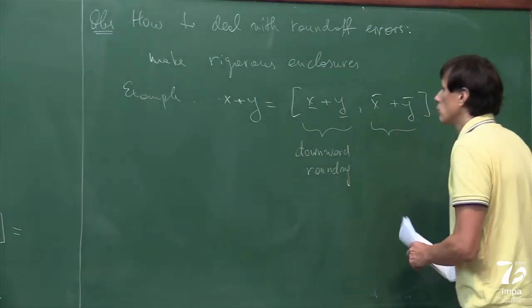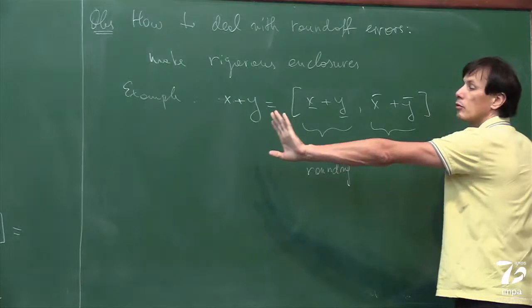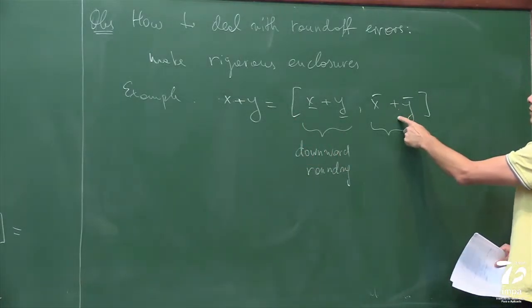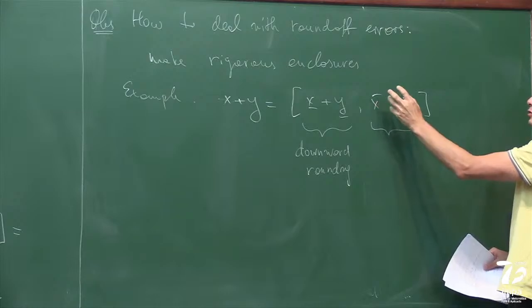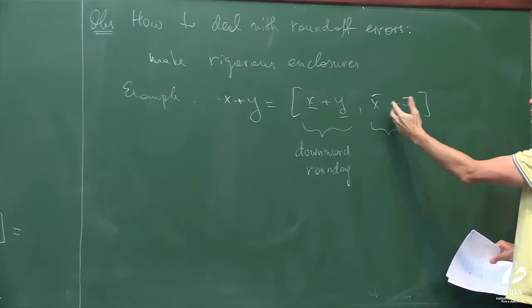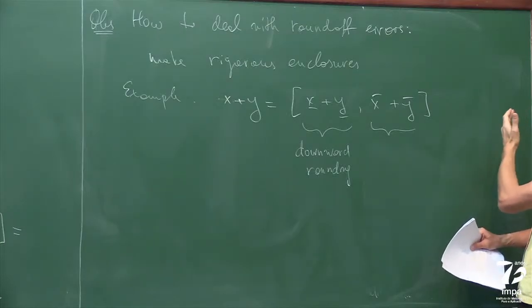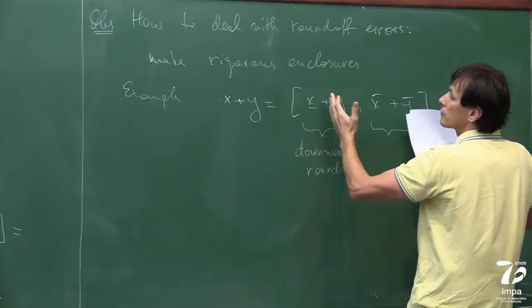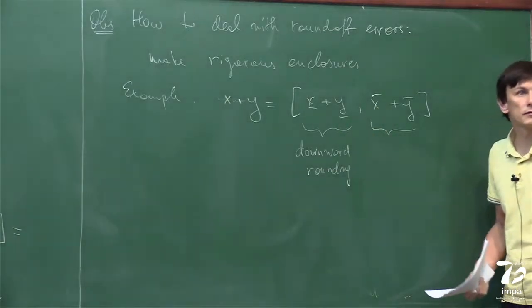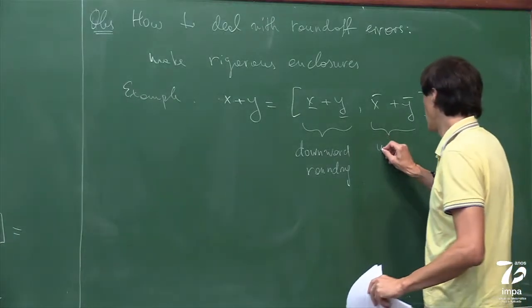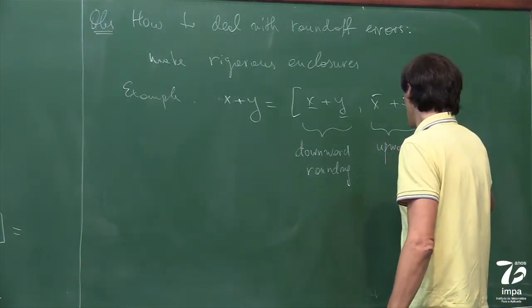So when you truncate, you always truncate to a number which is smaller. And the same when you round the other number. When there are some digits that you have to forget, you always round to the larger side. So the result due to the round-off error will be slightly bigger. And if it's slightly bigger, it contains rigorously the correct interval. So that means the result is rigorously correct. It will be upward rounding.